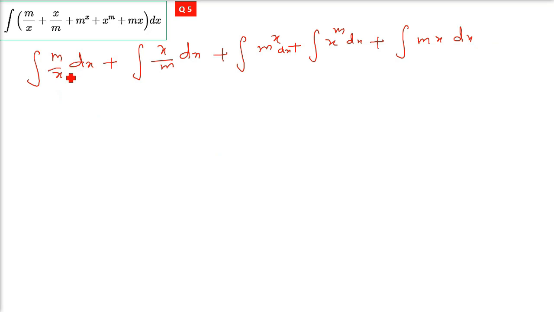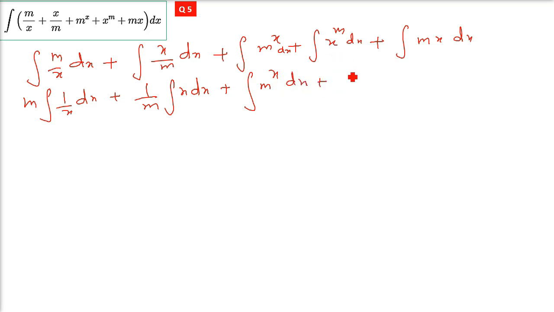So we will take the constant outside and deal with the variable with dx. So m I have taken as constant, it will be dx by x, simply 1 by x integration. This 1 by m will come outside, x dx integration. This is m raised x dx, this is x to the power m dx, we can directly apply the formula here. And this is mx, m I am taking outside, it is simply x dx.